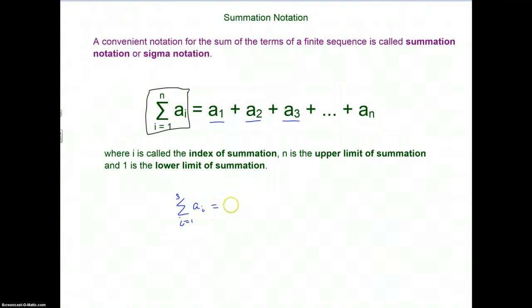We start at 1: a sub 1, plus, increment the counter, i is now 2. 2 is less than or equal to 3, so that's okay, plus a sub 2. Increment the counter, we get 3. 3 is less than or equal to 3, so we include it, plus a sub 3. Come back here, increment the counter, i is 4. 4 is not less than or equal to 3, so we don't include it. So we're done. This summation represents the sum of these 3 terms.